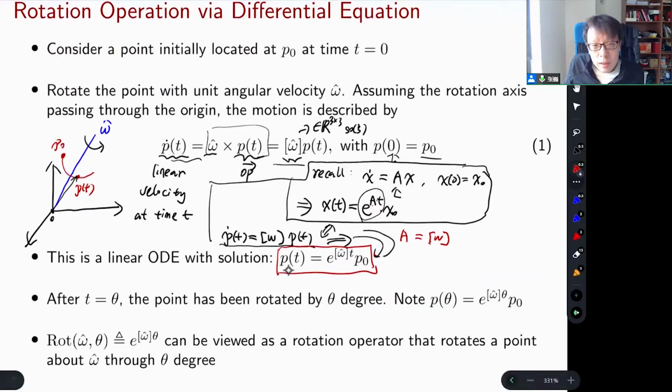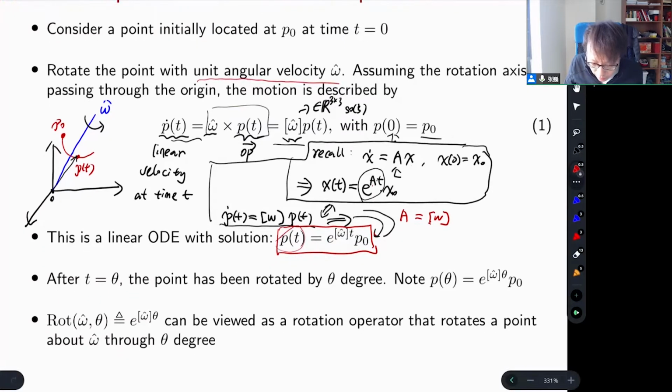So roughly speaking, let's interpret this equation. What's the physical meaning of this equation? Initially you are at P0, and you follow a constant rotation about this direction, omega hat. For time t, you will be here, right? And the angular velocity we're assuming here is a unit vector.